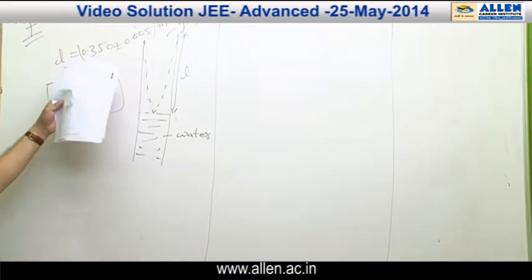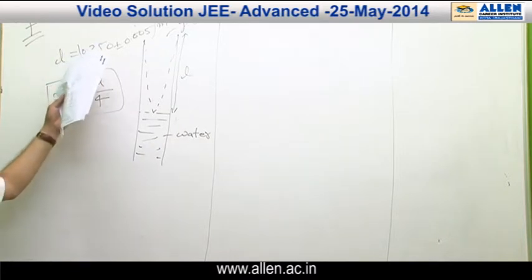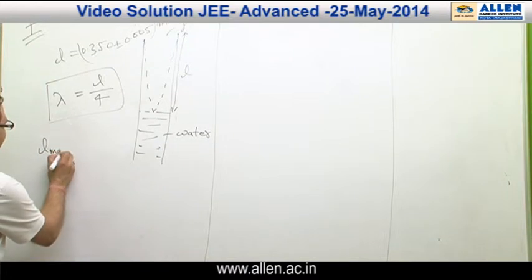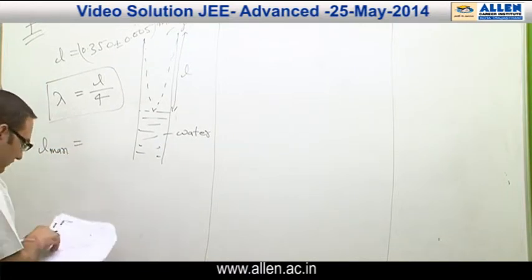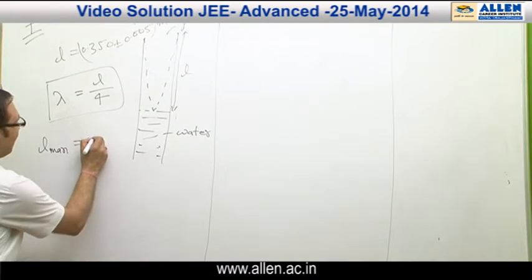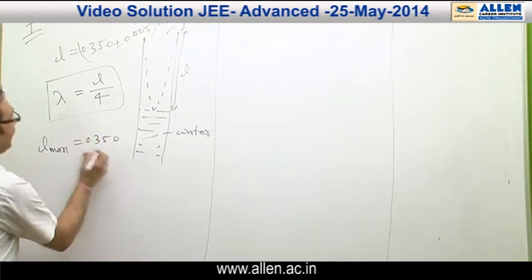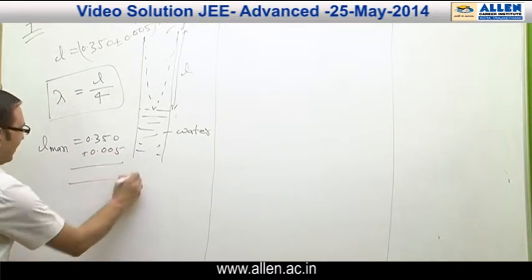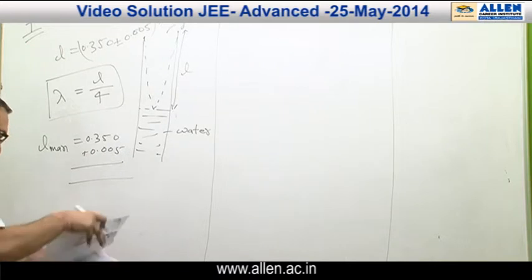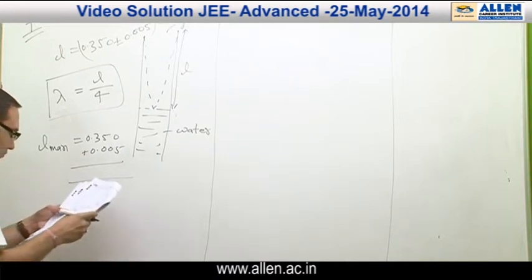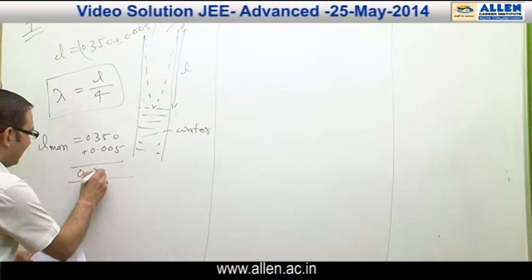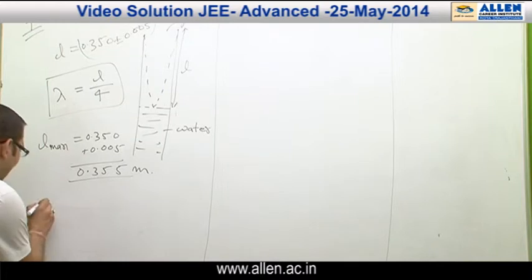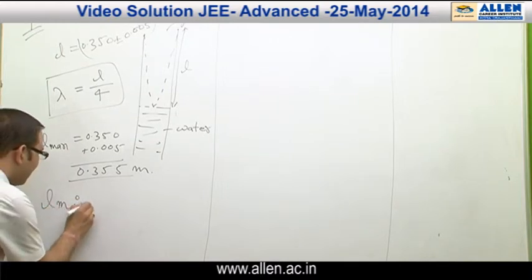So there can be a maximum value of L and a minimum value of L. The maximum value of L comes to be L max equal to 0.350 plus 0.005, and it comes to be 0.355 meter.